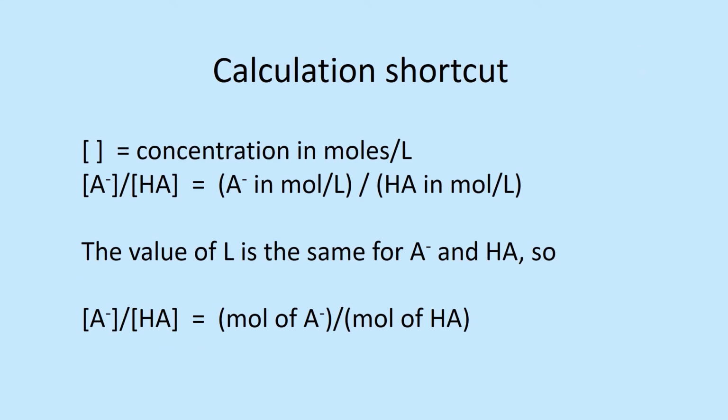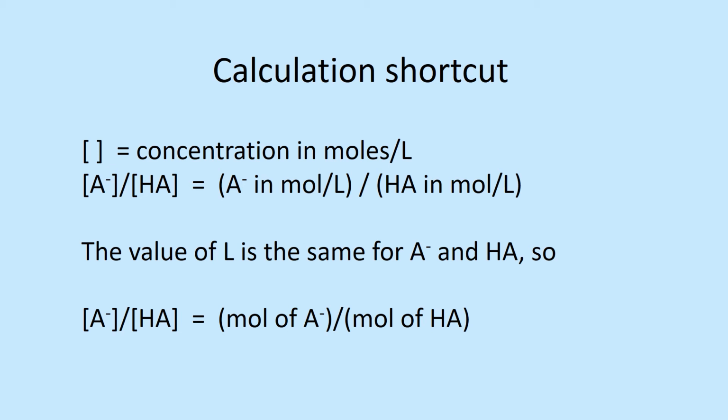Now, before we start doing calculations for buffers, I want to mention a calculation shortcut that makes life a little easier. We've been using brackets, which is concentration in units of moles per liter. So when you take the A minus to HA ratio of a buffer, the A minus is in moles per liter and the HA is in moles per liter. Those liters are both the same because the HA and the A minus are in the same solution.